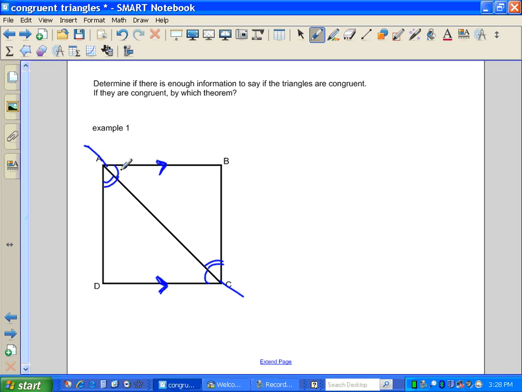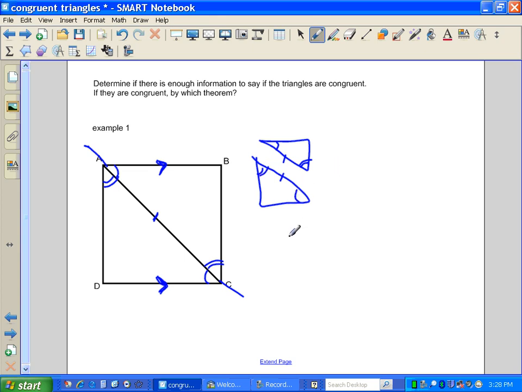So far I have an angle congruent to an angle, and if I look at this line here, this line is part of the top triangle and part of the bottom triangle. So this line has to be congruent to itself. So what we have is the top triangle with those parts congruent to the bottom triangle with those parts congruent.